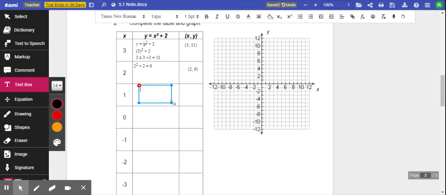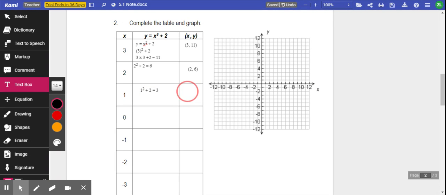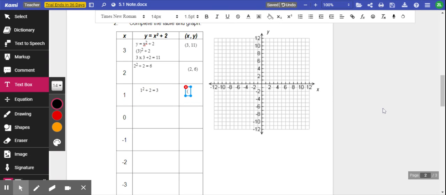Over on this side here, we've got, once again, 1 squared, which we know 1 times 1 being 1, plus 2 equaling 3. Therefore, our coordinates being 1 and 3.